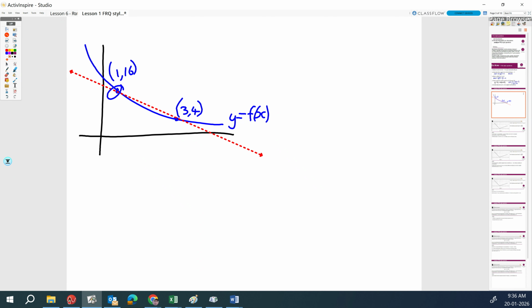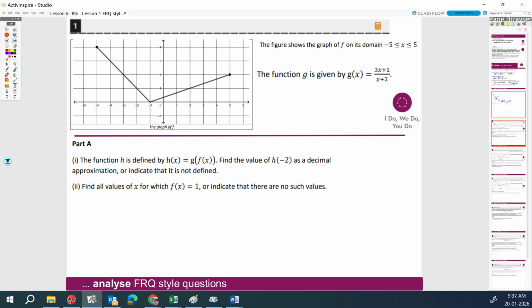The red line has a rate of change which is greater than the function at this point. The rate of change is the same around about that point there, and that's why they have the same. So you need to talk about that a little bit more, and obviously mention the concavity.